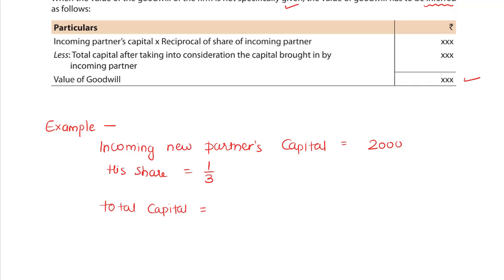Total capital would be 1000 old partner A plus 2000 old partner B plus C, it is 2000. So total capital is 5000.